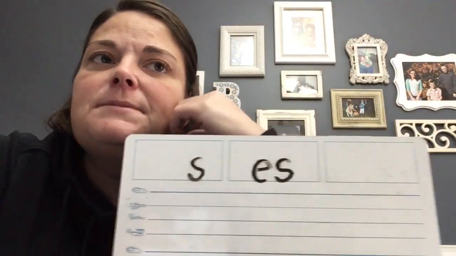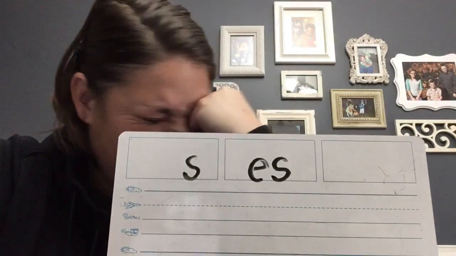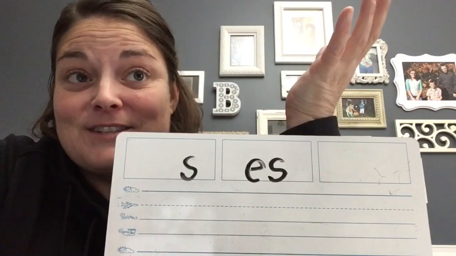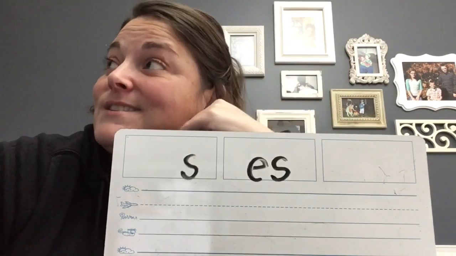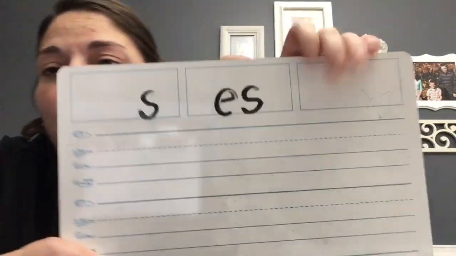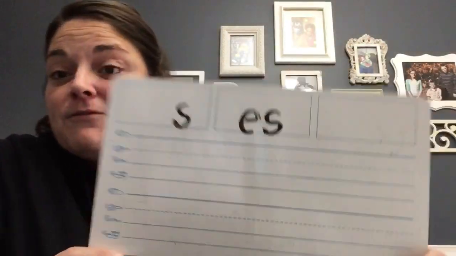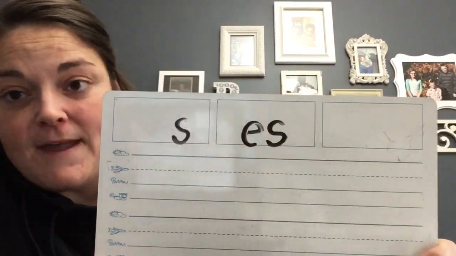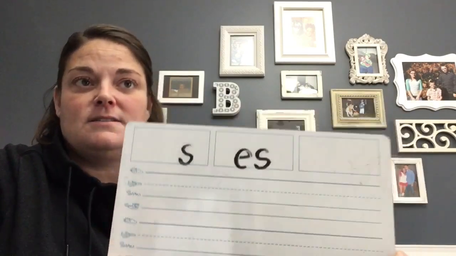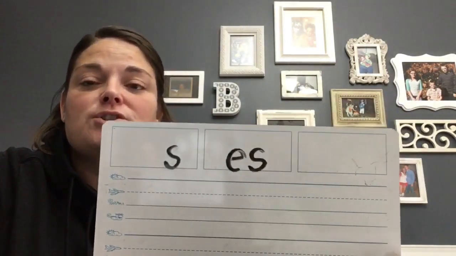There are two types of suffixes. Vowel suffixes and consonant suffixes. Right here, the two that we have learned are one of each. There's a vowel suffix on my board right now, and there is a consonant suffix. It's just a way we use to describe them.